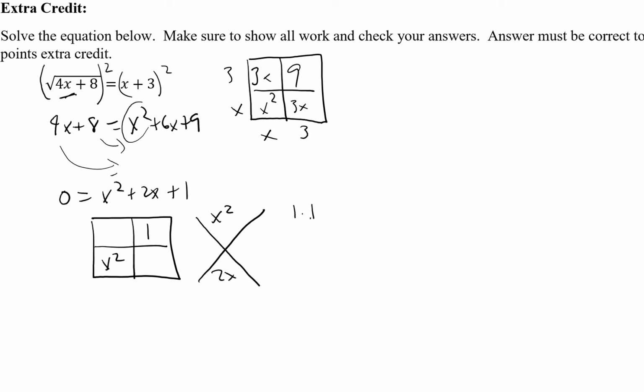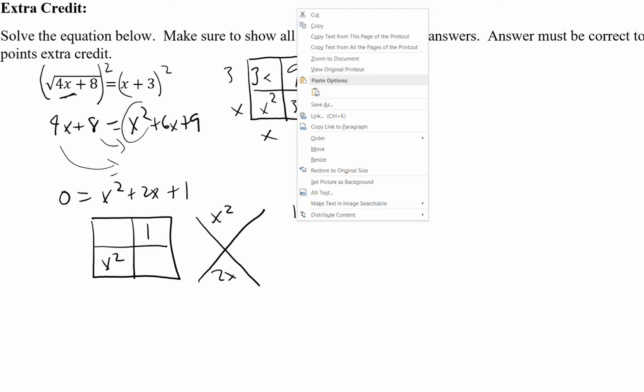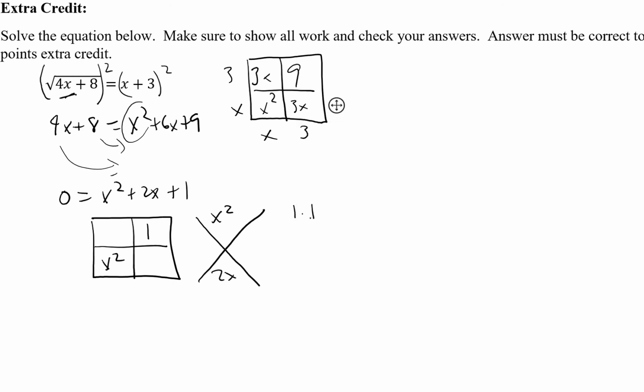So 1 times 1 is just 1, and then x times x is x squared. Alright, so this is going to be 1x, and 1x.